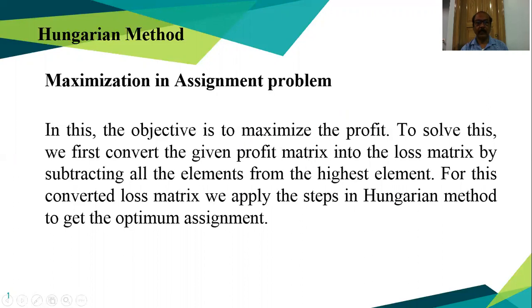How to convert it? Each and every element should be subtracted from the highest element of the profit matrix. After that, it is converted to a loss matrix. Then we have to start with the actual Hungarian method to get the optimum assignment.